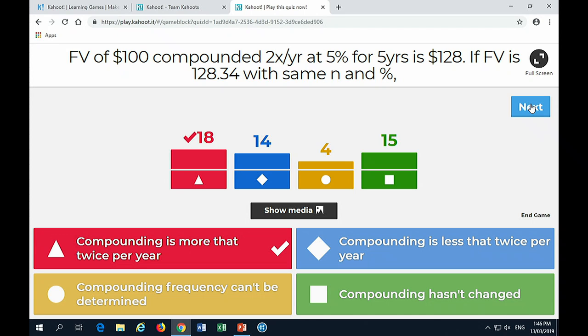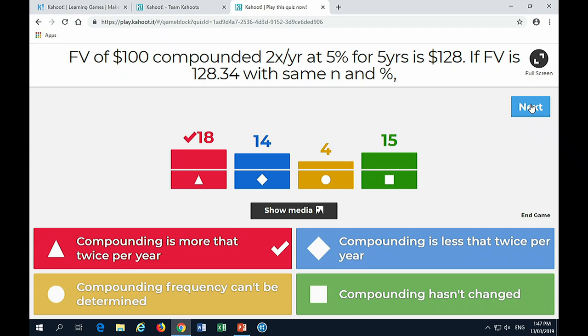What if I now have m equals 12, which is monthly compounding? What does it mean? Well, that means that instead of calculating interest just once a year, you have 12 points during that year when interest is calculated.